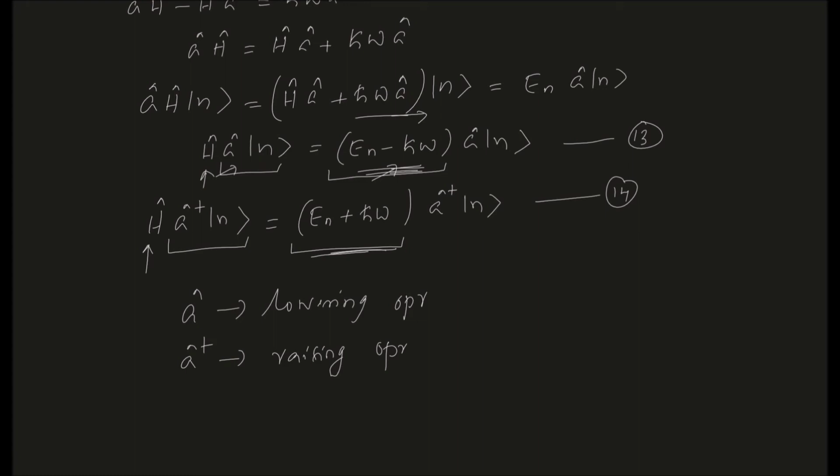Now these are also known as the annihilation and creation operators. So this lowering operator is also known as the annihilation operator, and this is also known as the creation operator.